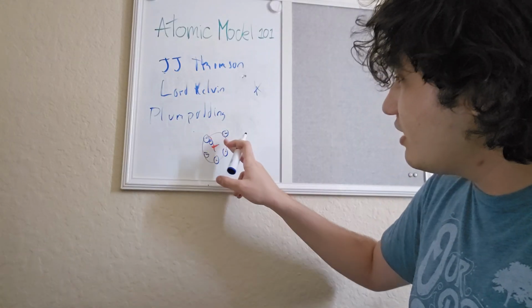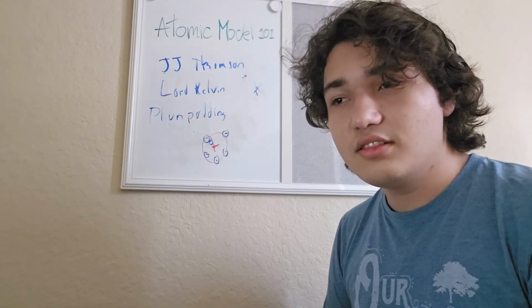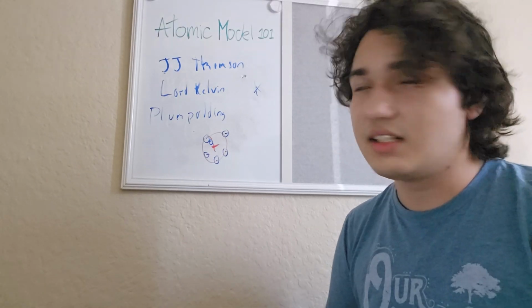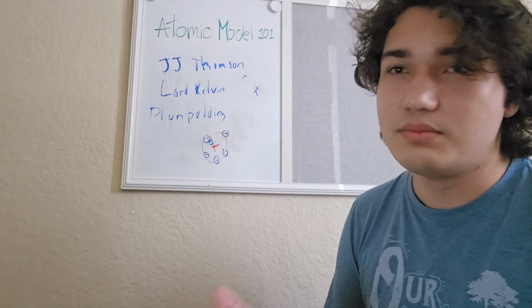I'm not calling this a proton, because at the time protons were not really known, or at least not called protons themselves. It was really just an idea named plum pudding because it looked like plum pudding.